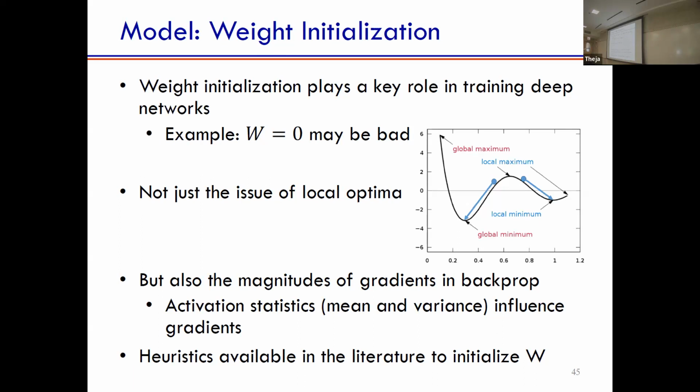One of the things is, okay, I initialize weights. Initialization just means that you start from here or there or somewhere else, right? So initialization just means what is my starting point before I do gradient descent. If you start from some unlucky position, you may get to a bad local minima. That's one thing.